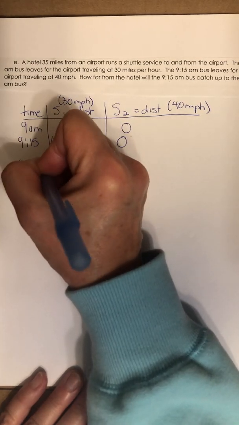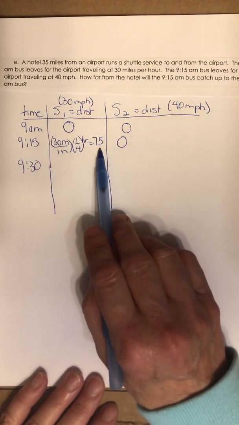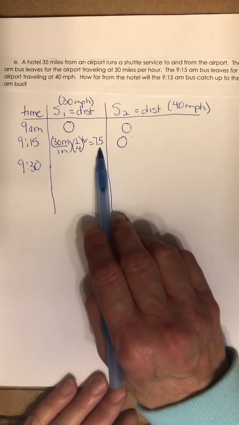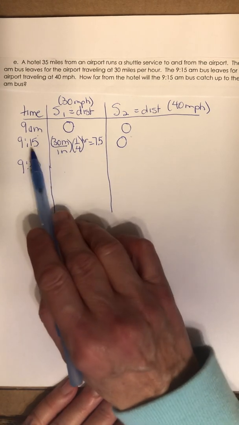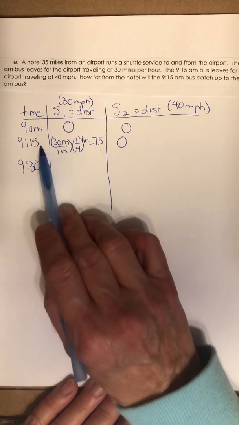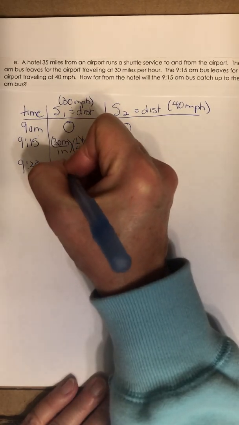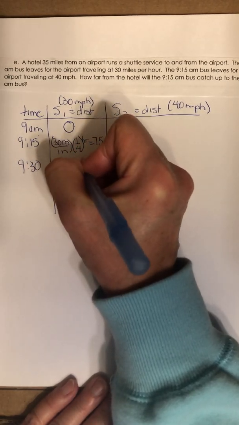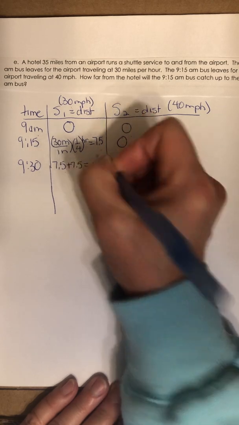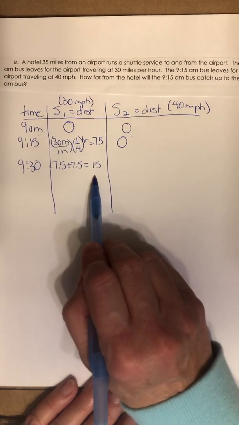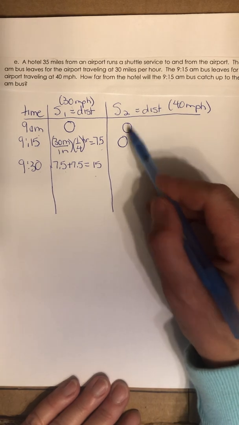What we have found is the first shuttle seems to be going 7.5 miles every 15 minutes, and it's gone 15 more minutes. So that's 7.5 plus 7.5. That shuttle is now at mile 15. Now let's go to the second shuttle.